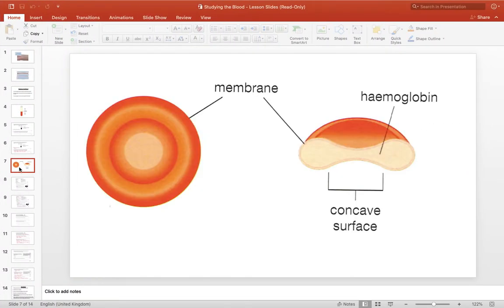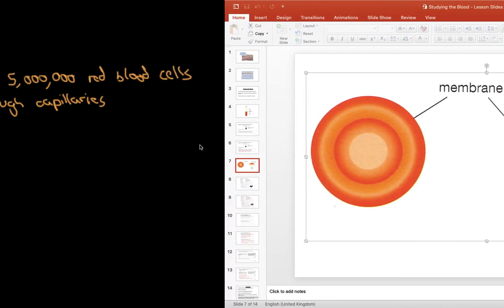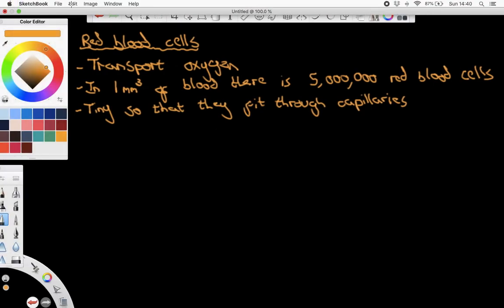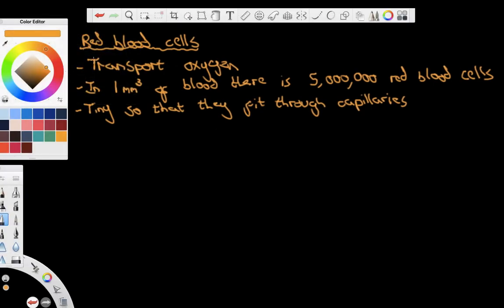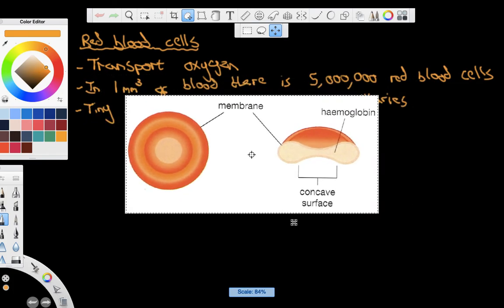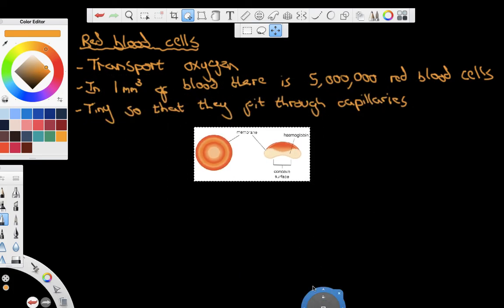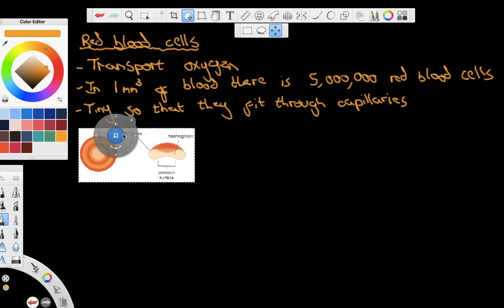If we pull over to the PowerPoint and I just take this image out, red blood cells have what's known as a biconcave disc shape. Now what that means is that they're kind of like a donut with the middle hole filled in.